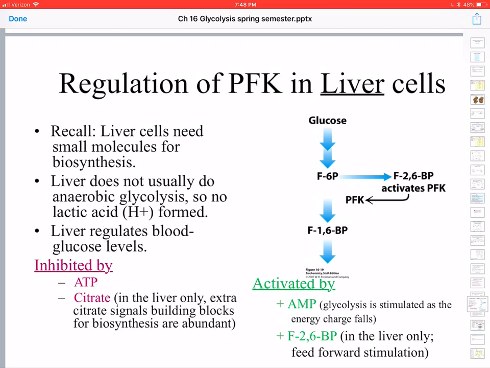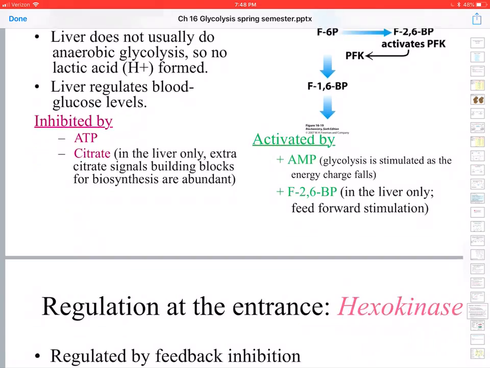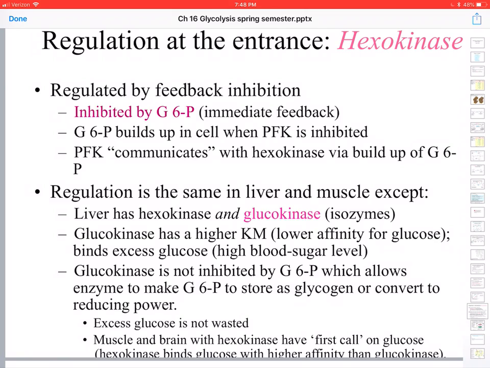So phosphofructokinase needs to hurry up. So this fructose 2,6-bisphosphate activates the PFK enzyme. We're going to talk about this a lot more when we study gluconeogenesis, and it's going to get more complicated. So, reminding us of the regulation at the entrance, hexokinase.